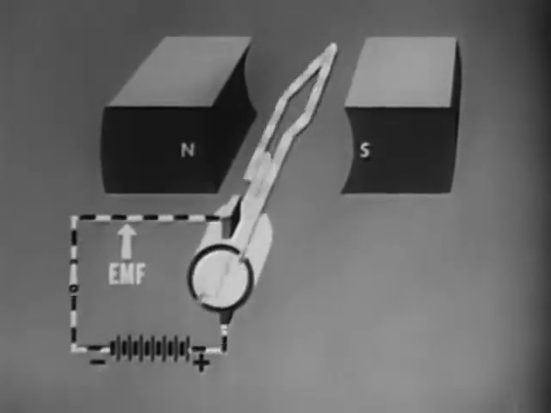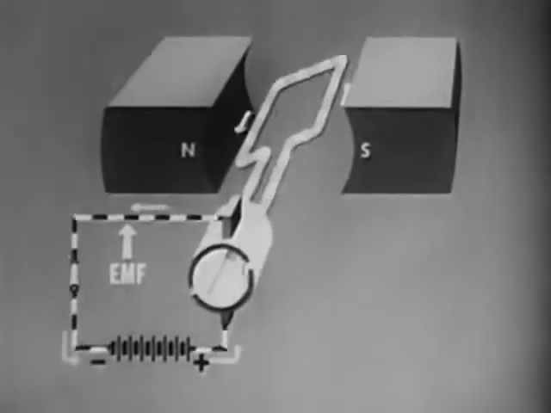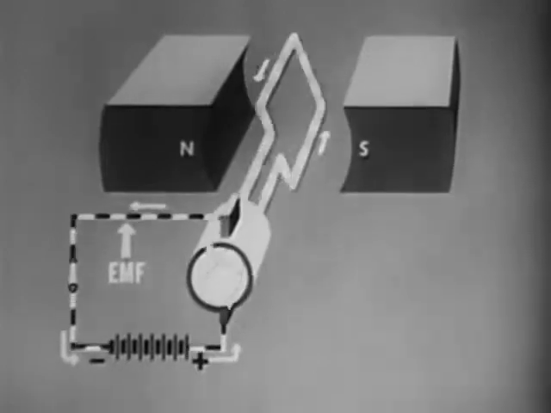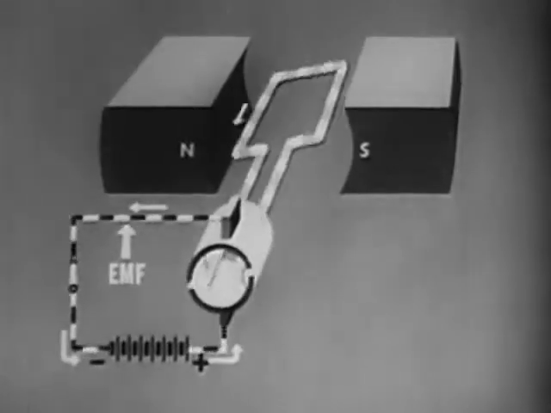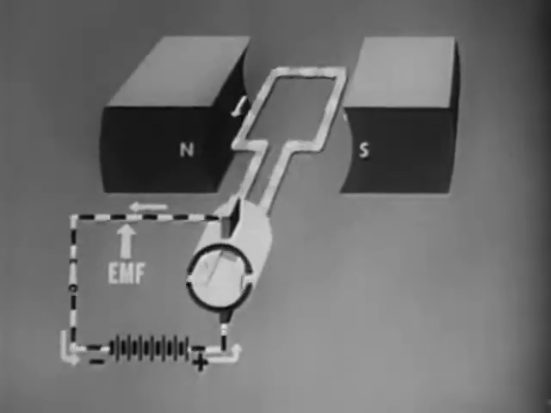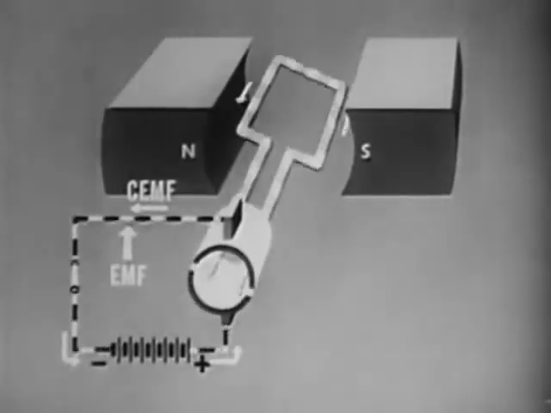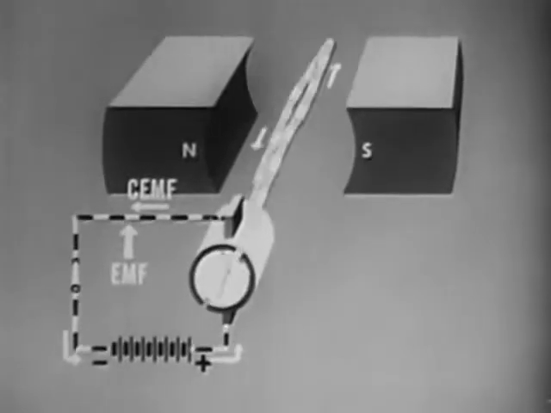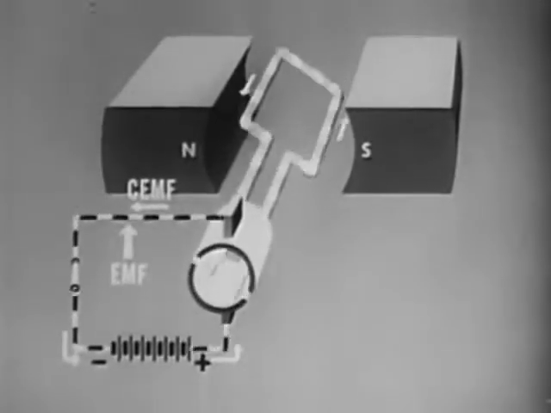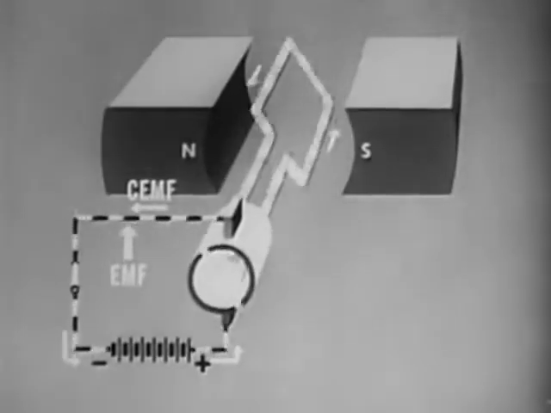However, when used as a motor, an opposing EMF is also generated in the conductor. This is called the counter-electromotive force, or CEMF. By Lenz's law, the generated CEMF must oppose the applied EMF. The amount of CEMF depends on the speed of rotation.